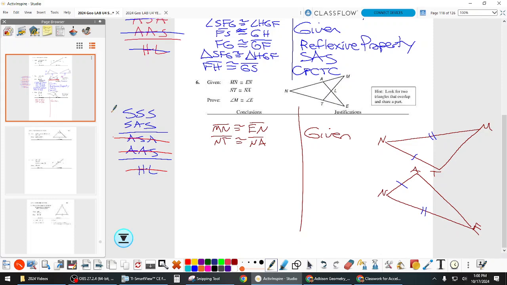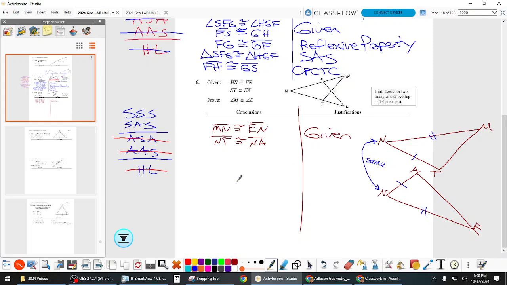Well, now's where you have to go on the hunt. Like, I have to either find another side or an angle. If we do find an angle, which angle would we need? So use side angle side. Which angle is it? Angle N. And guess what? It's the same in both pictures. As soon as you draw it out and you say, hey, I sure would like it if N was congruent.